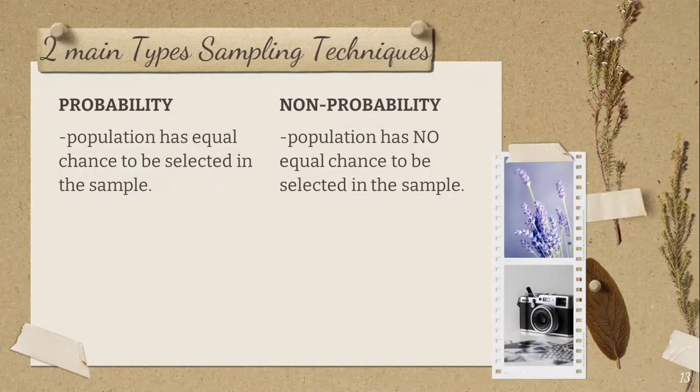We have also two main types of sampling techniques. We have the probability and non-probability. Probability is if the population has equal chance to be selected in the sample, while non-probability, population has no equal chance to be selected in the sample.